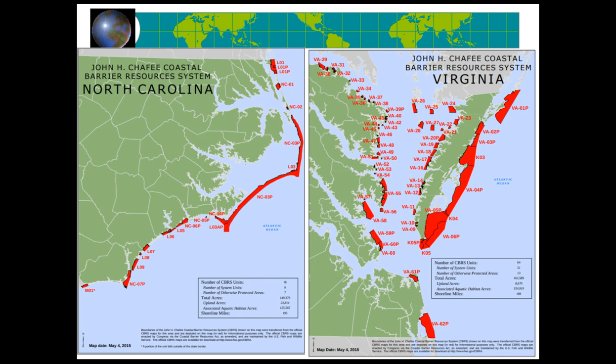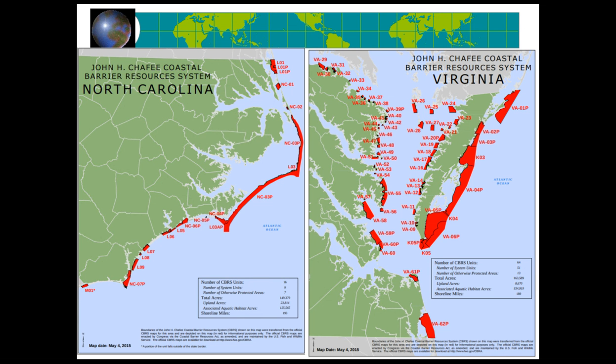The law encourages the conservation of hurricane-prone, biologically rich coastal barriers by restricting federal aid that encourages development, such as federal flood insurance. Areas within the CBRS can be developed, however, it has to be by private developers, and they cannot use any federal programs or money.